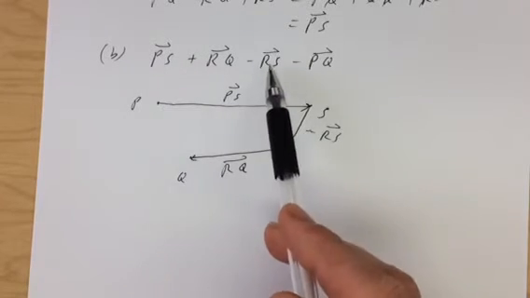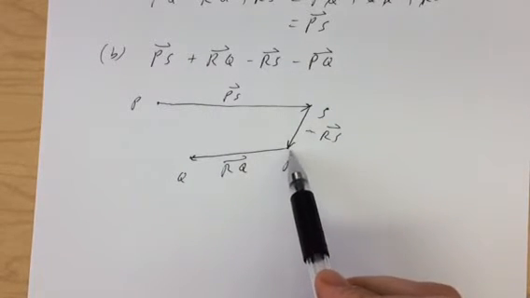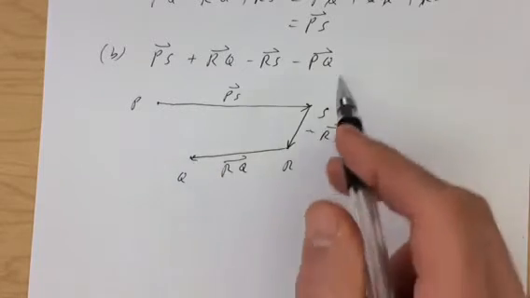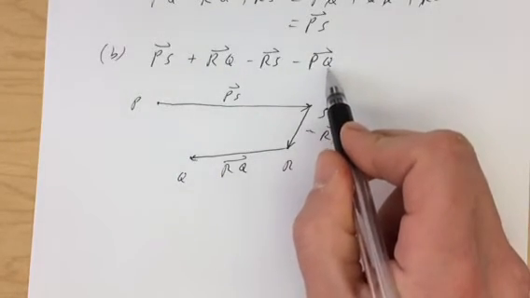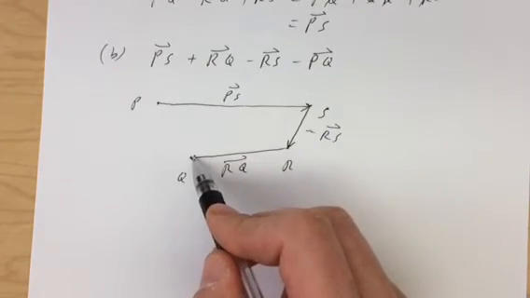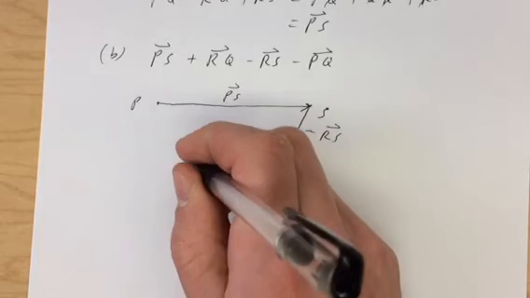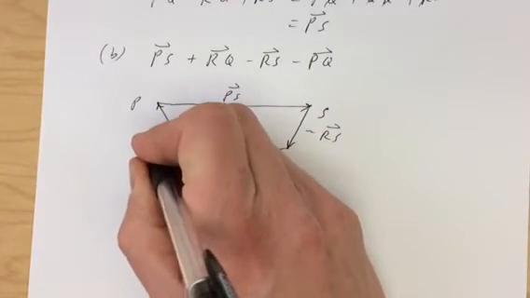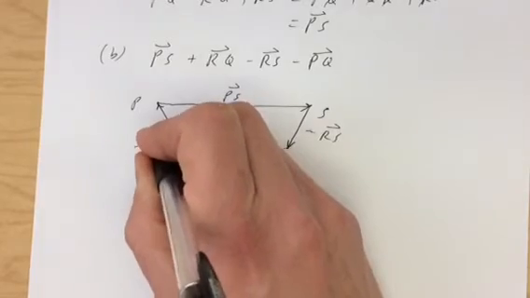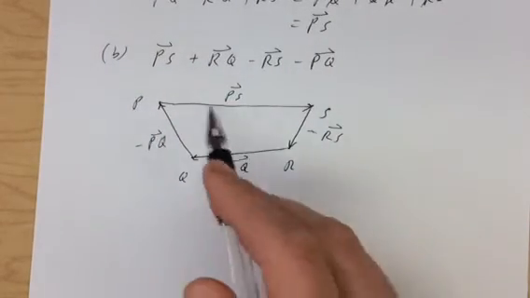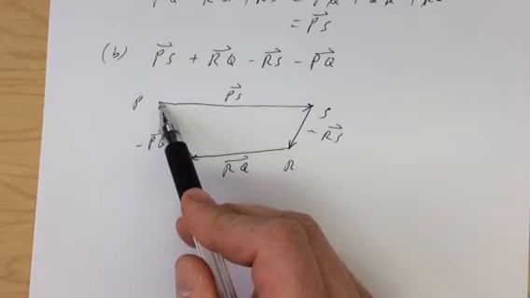So I go P to S, then S to R, okay, then R to Q, and then the last vector is negative PQ. Well, PQ is from P to Q, negative PQ is Q to P. Okay, so there's all those vectors put together, and it ends up where I started from.